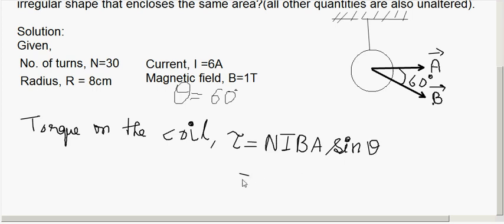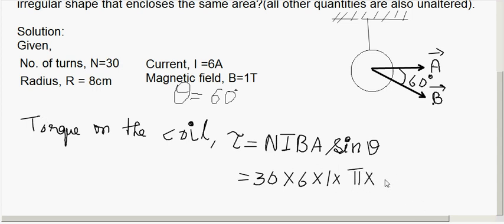Now substitute all the values. Number of turns in the coil is 30, current is 6, B is 1 Tesla. Now what is the area of the coil? It's a circular coil and the radius is 8 centimeter. So area will be pi r square.